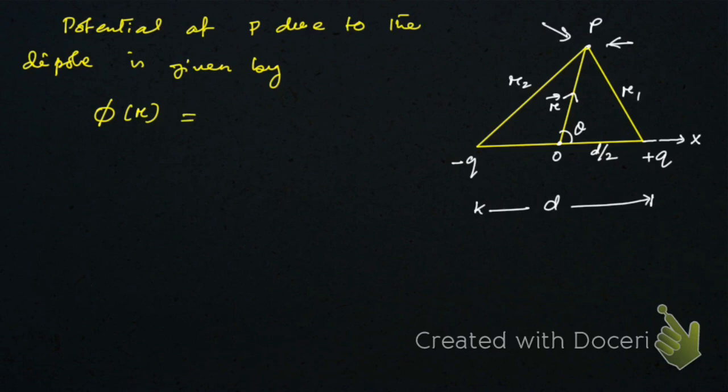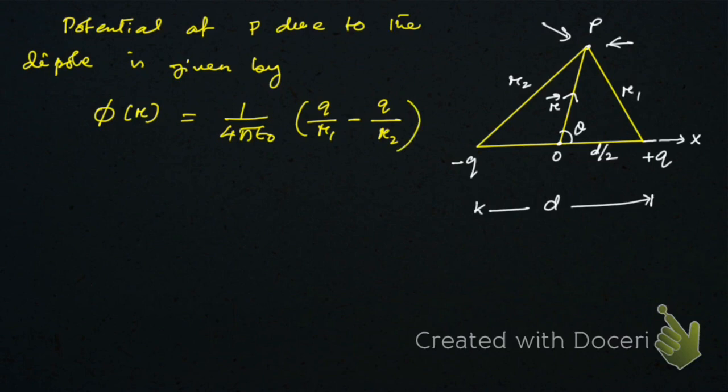So here it will be 1 by 4 pi epsilon naught, q by r1 minus q by r2. You can take the q common, right? So let me keep it this way.